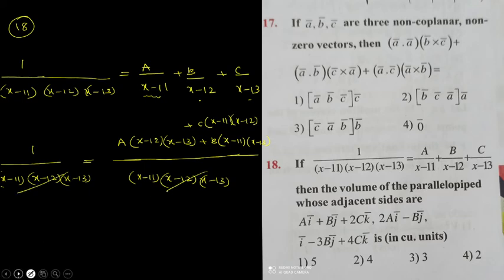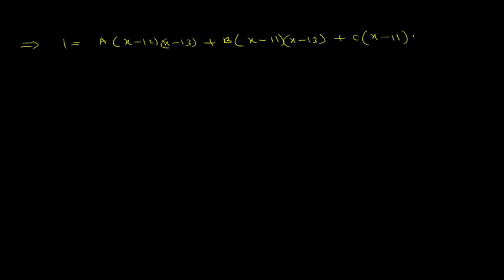So finally 1 equals a into (x minus 12)(x minus 13) plus b into (x minus 11)(x minus 13) plus c into (x minus 11)(x minus 12). We should find the a, b, c values by substituting.